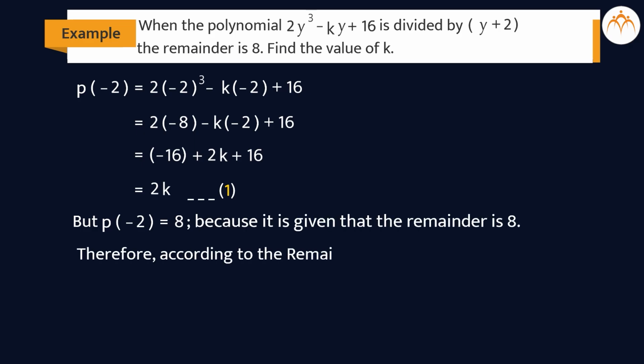Therefore, according to the remainder theorem, 2k is equal to 8 from equation 1. Therefore, k is equal to 4. Now, you have understood the value of a polynomial and the remainder theorem very well. Practice more examples based on these concepts.